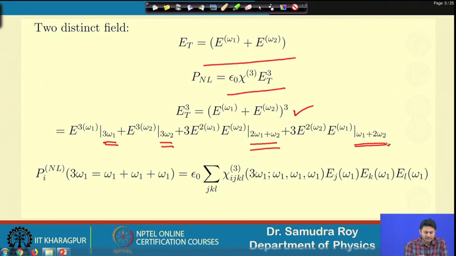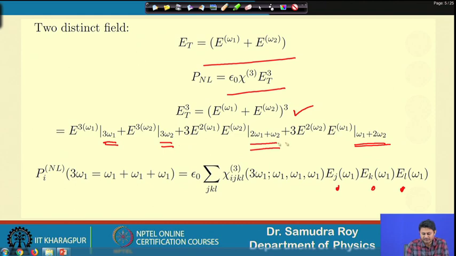Now, if I want to find my frequency component, this is a specific structure, and for this specific structure we have 3 fields sitting here, and from these 3 fields I now want to find my nonlinear polarization at a particular frequency.